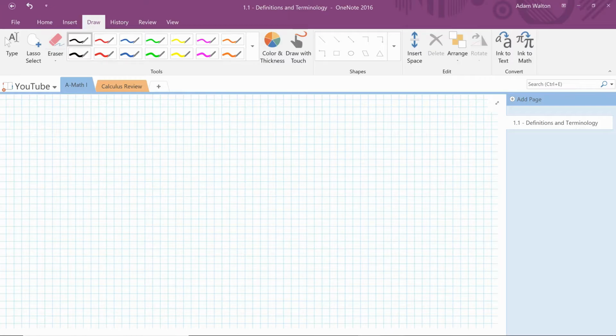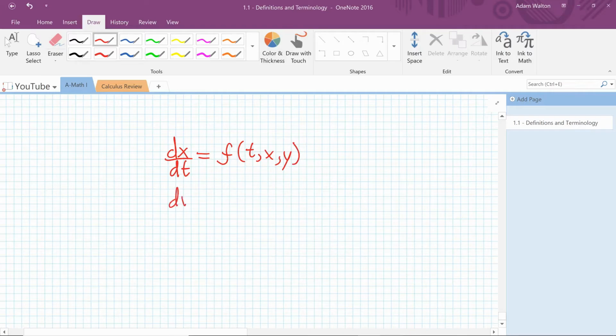So let's consider x and y. We can say that dx/dt equals f, a function of t, x, and y, and dy/dt equals a function, let's call it g, because this is a different equation.